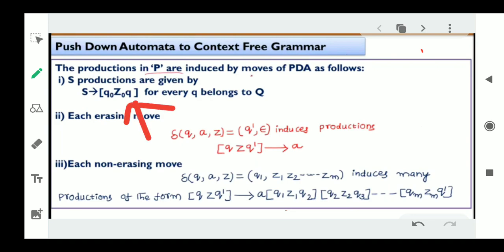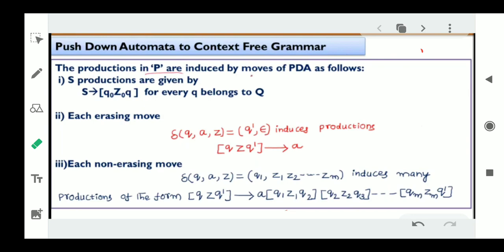If the states are Q0, Q1, and Q2, we will write three productions. S derives [Q0, Z0, Q0]. Second production, S derives [Q0, Z0, Q1]. Third production, S derives [Q0, Z0, Q2]. This is how we will write productions for the given number of states.